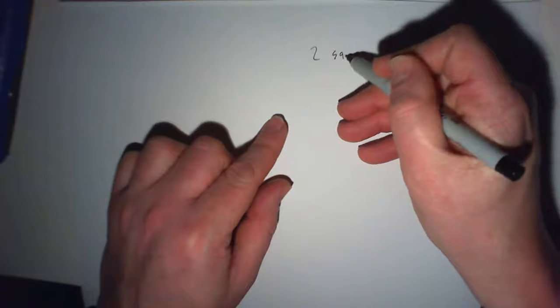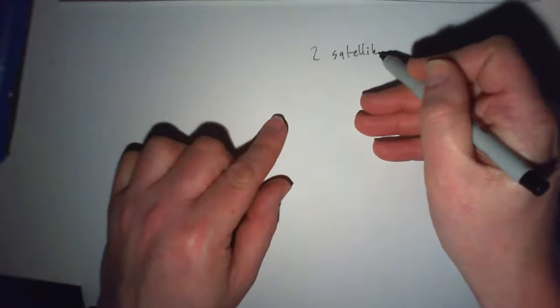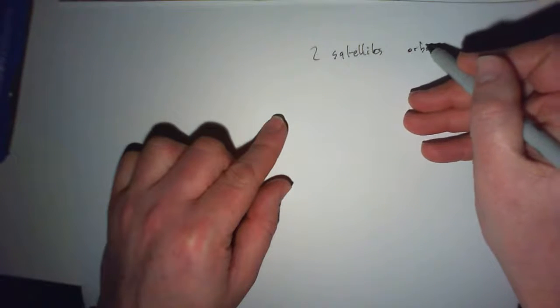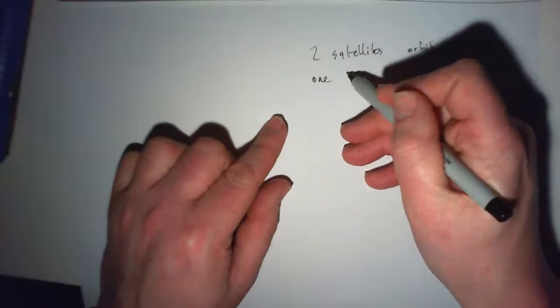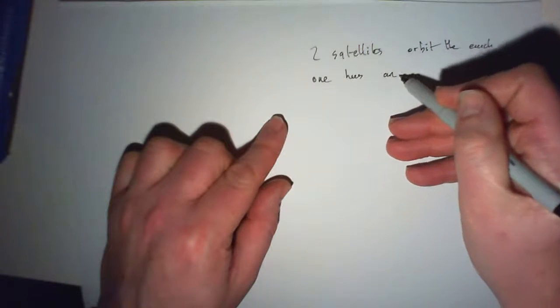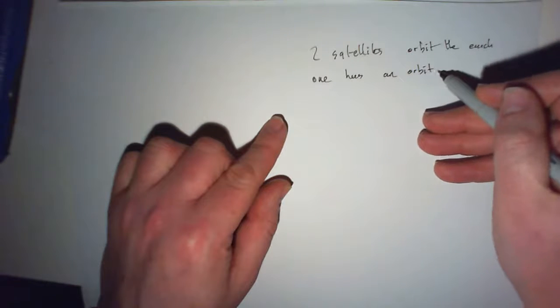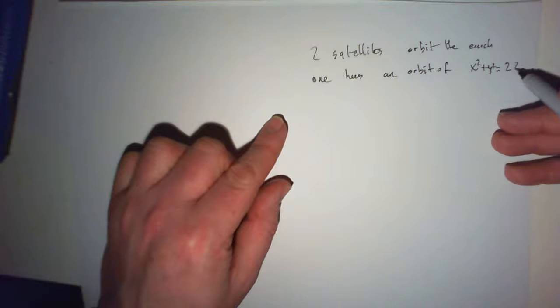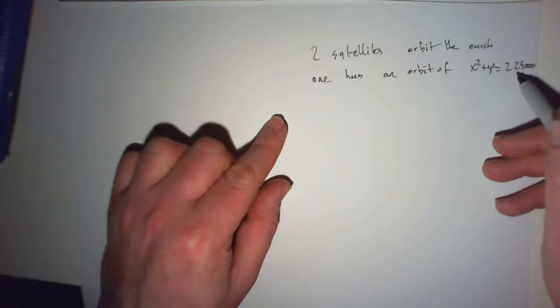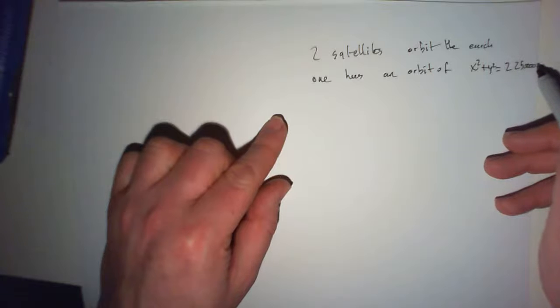Two satellites orbit the Earth. One has an orbit of x squared plus y squared is equal to 2,250,123,4... okay, 2.25 million.